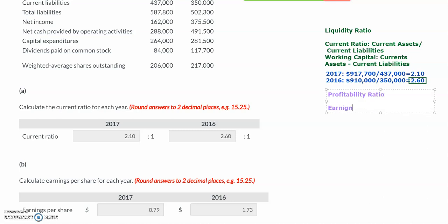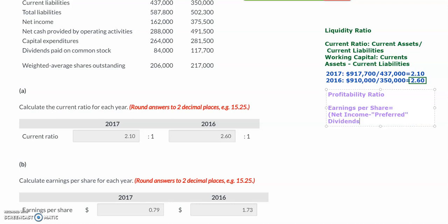So we have earnings per share equals our net income from our income statement minus our preferred dividends. So if you don't see the word preferred and you see dividends, just include 0.